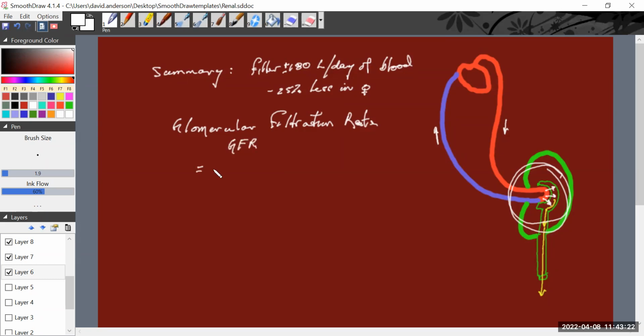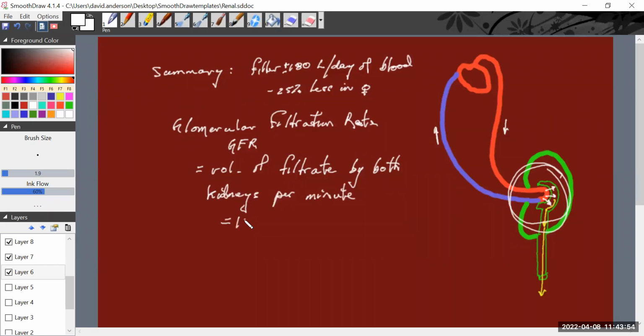So this is the volume of filtrate formed by both kidneys, and it should equal, this is not a number you would ever have to memorize in our class, but to give you an idea, about 125 milliliters per minute. So that's how much filtrate is going to be formed in the kidneys every minute.